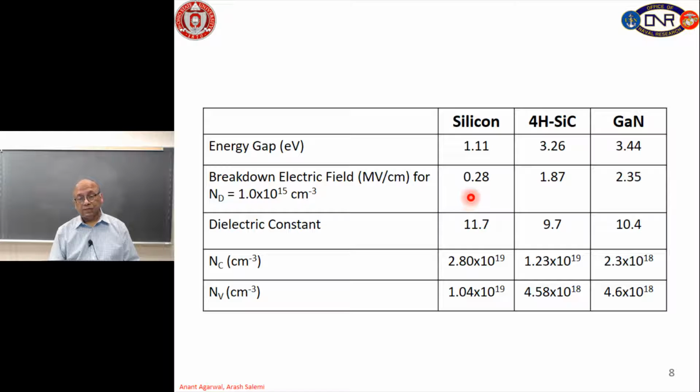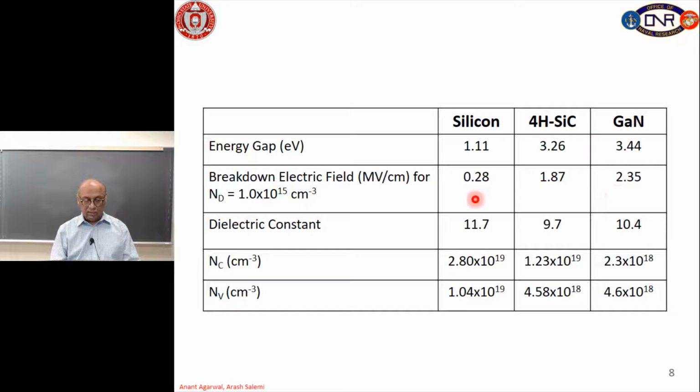So, for silicon it is about 0.28 megavolts per centimeter. For silicon carbide it is about 6 to 7 times higher, about 1.87 megavolt per centimeter, and for gallium nitride it is about 2.35 megavolt per centimeter.